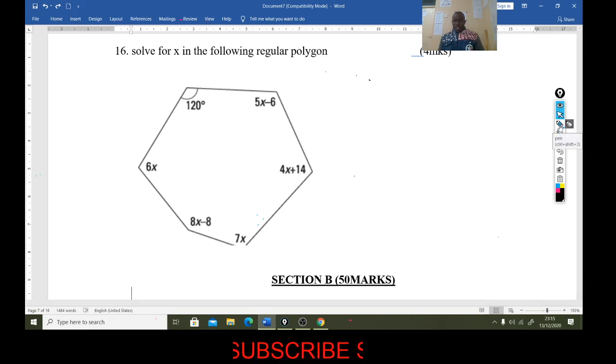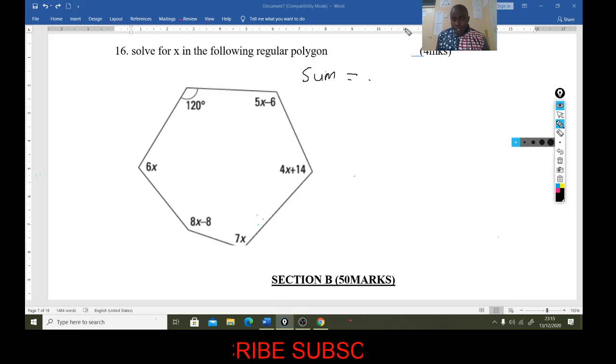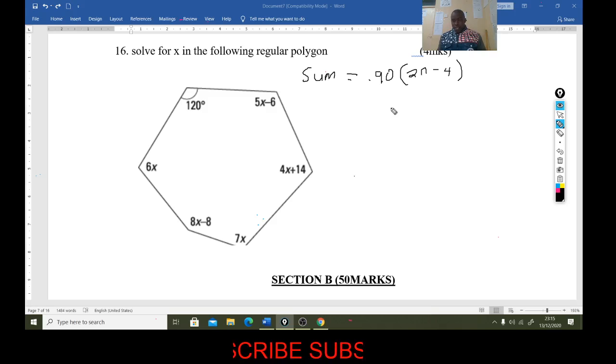We know the sum of interior angles equals 90 into brackets 2n minus 4, or somebody can easily say it is 180n minus 360, whichever you use.